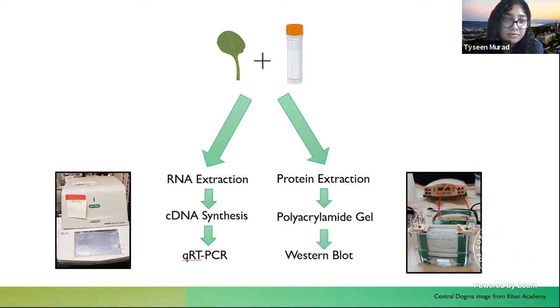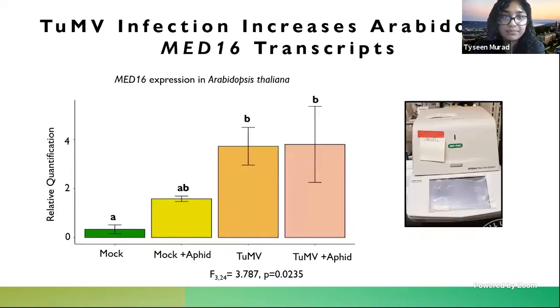So from this methodology, you can see how we're exploring how TuMV infection affects MED16, both on an mRNA level and also on a protein level. From the quantitative real-time PCR, we found that with TuMV infection, there was an increase in MED16 transcript abundance, which you can see from the right two bars, as compared to the mock and the mock plus aphid.